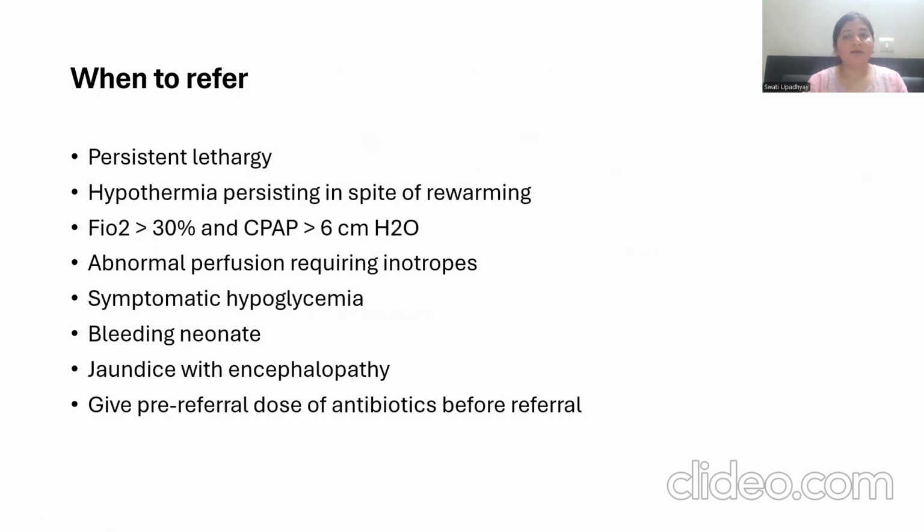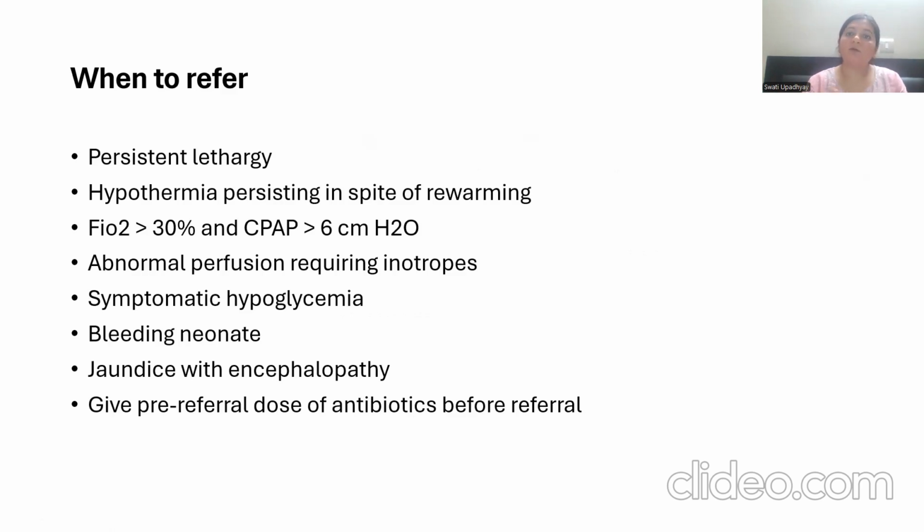Now, this is again something which is very important. Many of us who are working in level 1 or level 2 units, where we don't admit sick babies routinely, it is very important to identify which babies will need referral to a higher center. It is important so that the babies are transported and referred early so that their outcomes will be better.